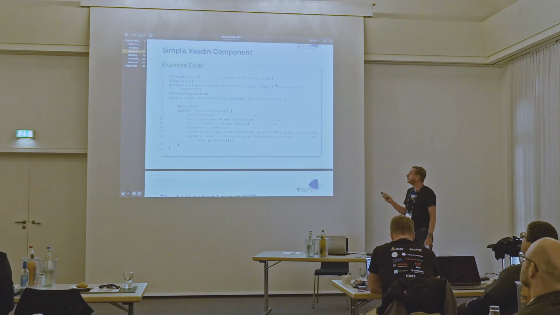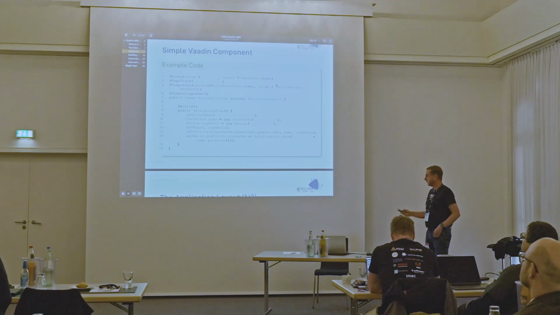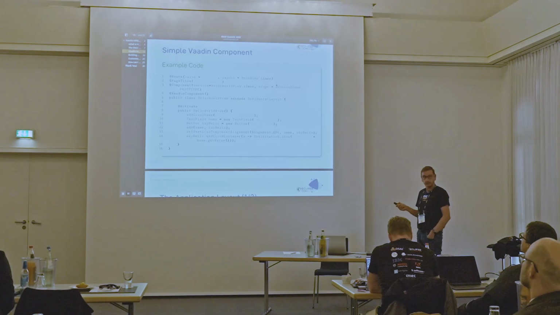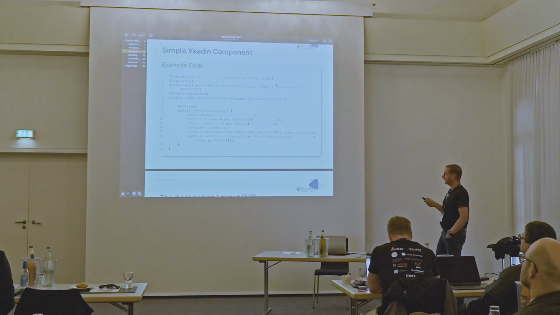Let's take a look at a simple Vaadin component. We see here the route annotation, which comes from the Vaadin API, and also the page title. And in line 3, we start with the component as a prototype class, the same as many other whiteboards.